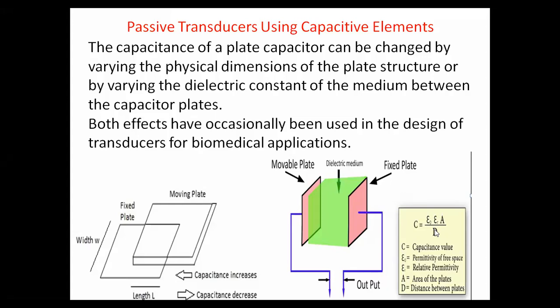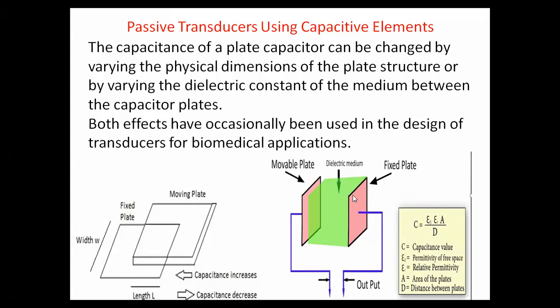The displacement causes a change in any of these three parameters. First of all, we have to measure the displacement. So the displacement variable is applied to the capacitor, which causes change in any of these parameters, or it may be that all the parameters change. That results in a change in the capacitance.